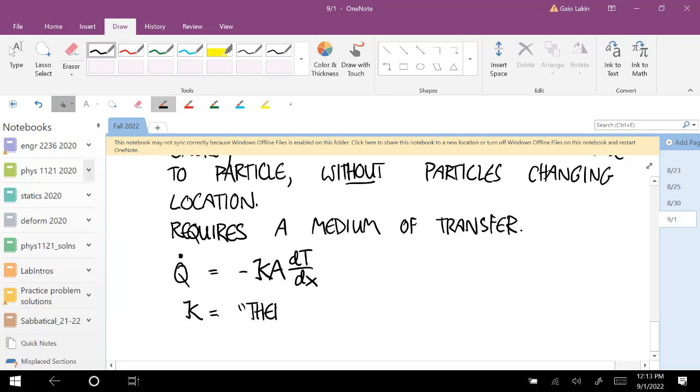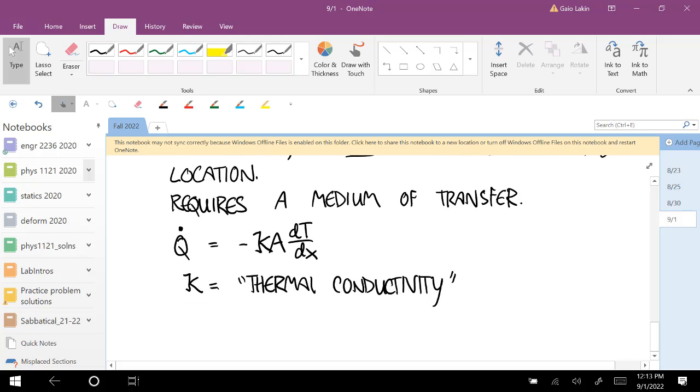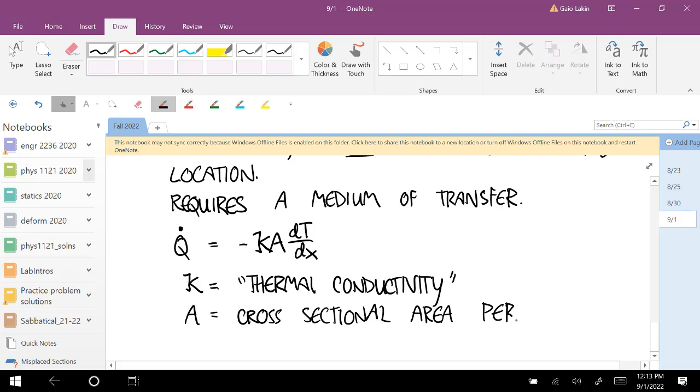That's something you can just look up for different materials. A is the cross-sectional area that's perpendicular to the direction of energy flow.